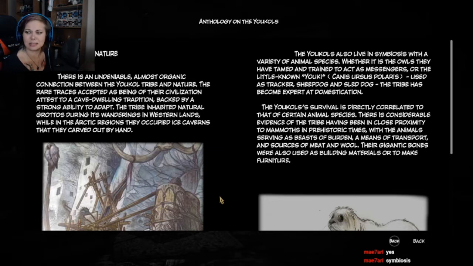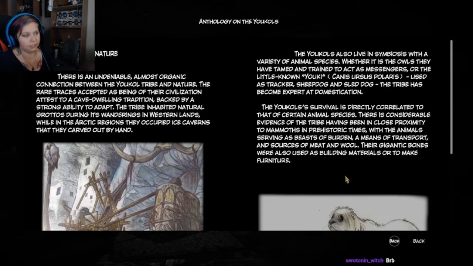In the last game, it said that they're not easily domesticated, but whatever. The Yukols' survival is directly correlated to that of a certain animal species. There is considerable evidence of the tribe having been in close proximity to mammoths in prehistoric times, with the animals serving as beasts of burden, a means of transport, and a source of meat and wool.